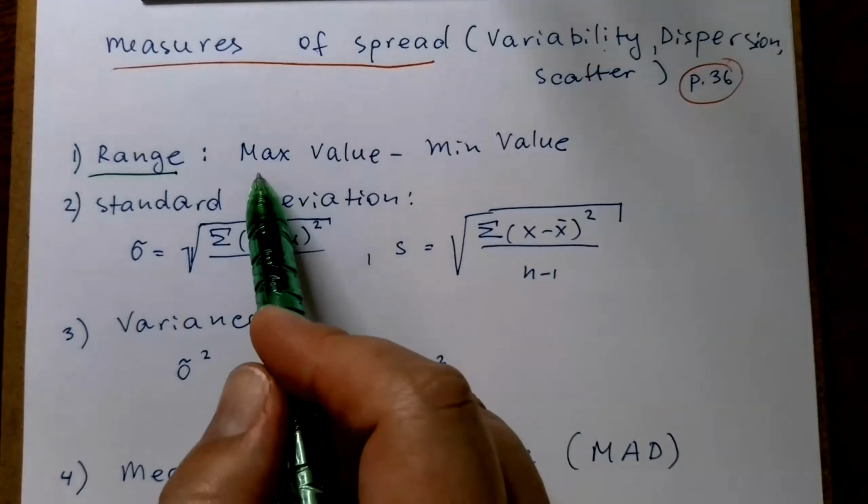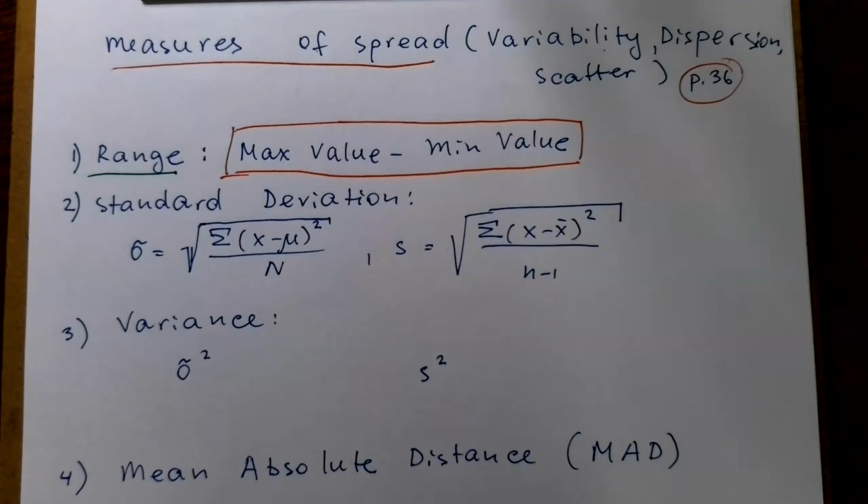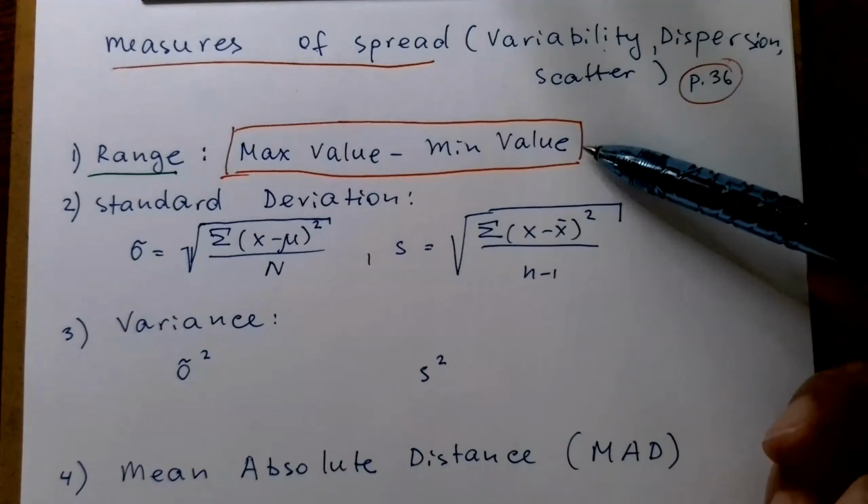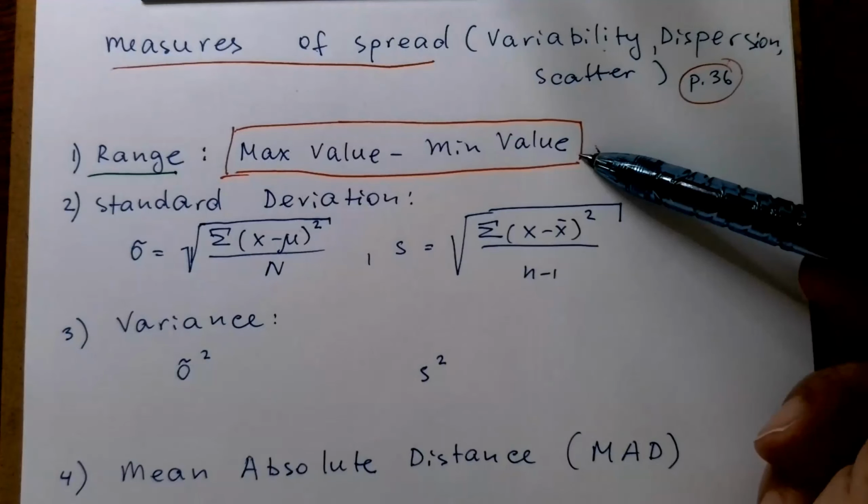Now, range is not very practical and not very accurate in finding the true variability or spread, because if we have an outlier, then we're going to falsely get a really wide range, when in reality most data values are not that spread that much. So with range, it's very sensitive to outliers, so not very useful for many applications.